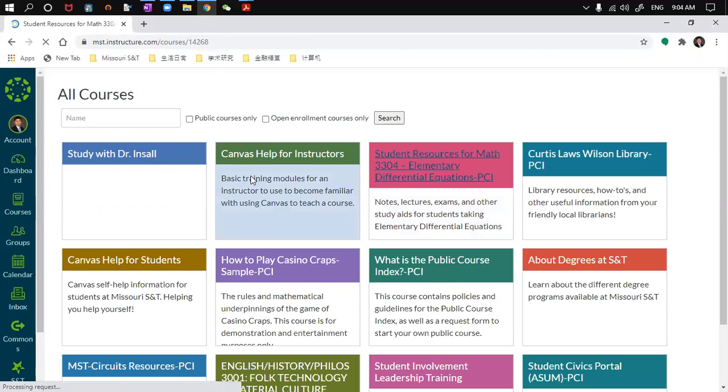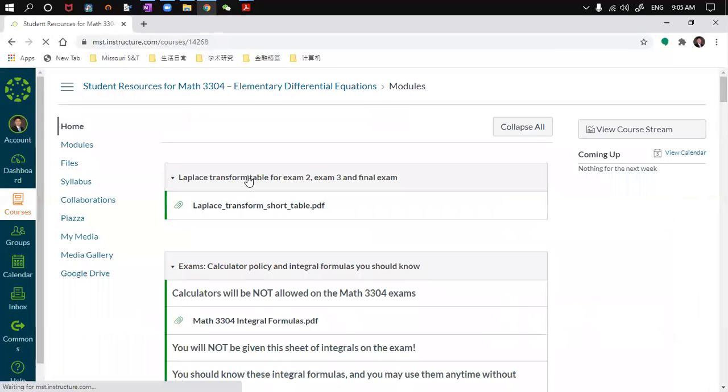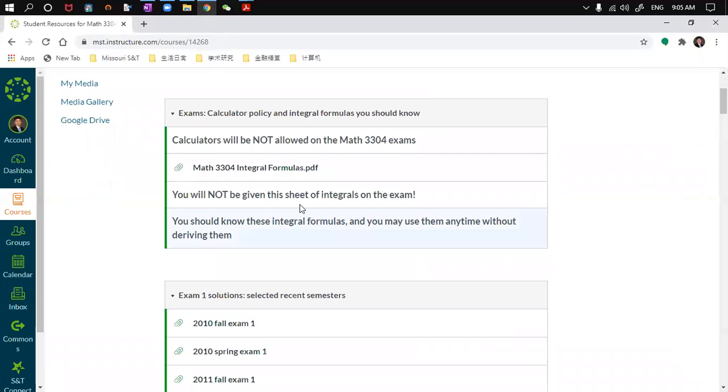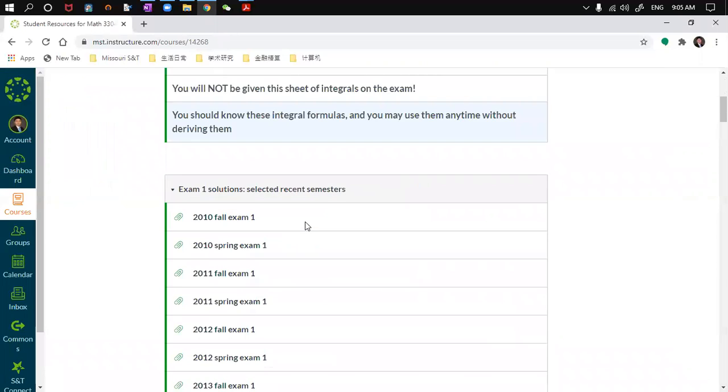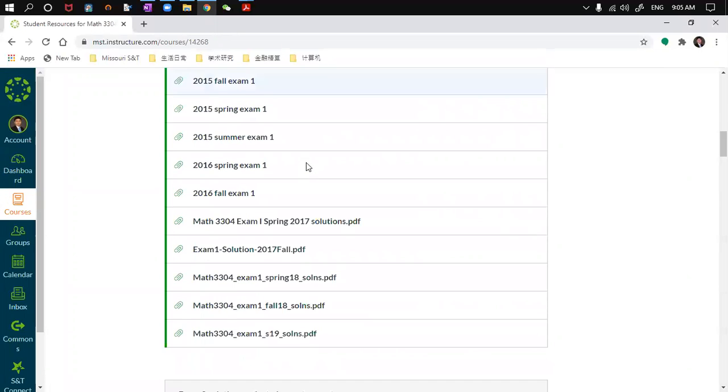So you click there, and then you're going to see a Laplace transform short table, calculator policy, integral formulas, as well as past years' exam problems.